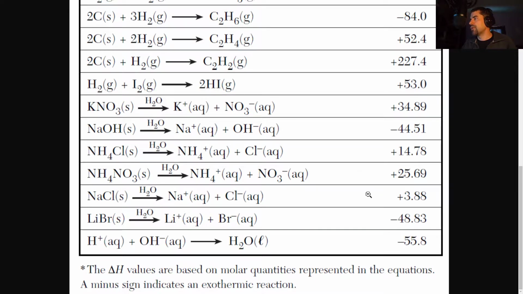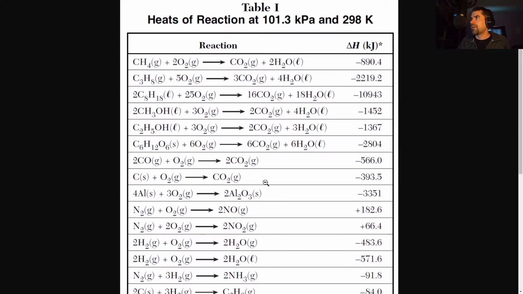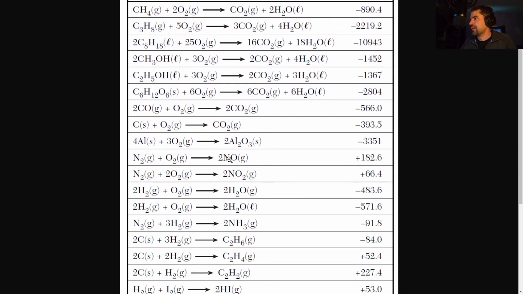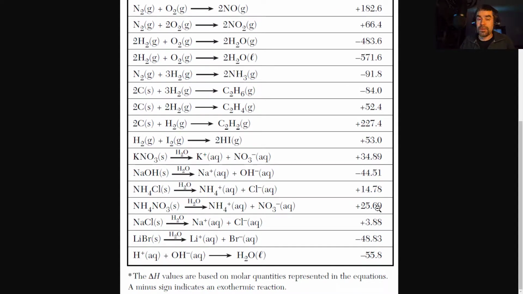So when you come across a reaction that does not have any energy in it, you should go to this table, because it will be on here if I give it to you. And you look and you see it. If it's negative, it's going to be exothermic. If it's positive, it's going to be endothermic. That's as simple as that.